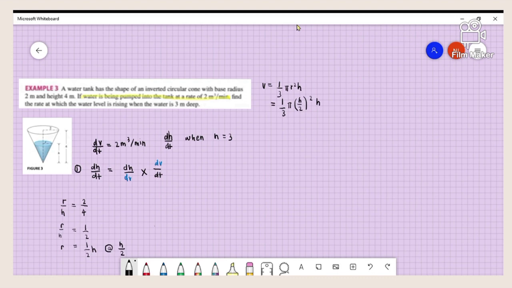So we just need to simplify this. 1 over 3 pi over 4 h cubed. Multiplying with 1 over 3 will become pi over 12 h cubed.